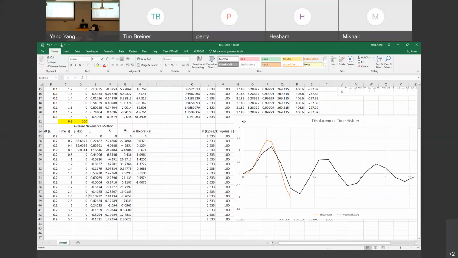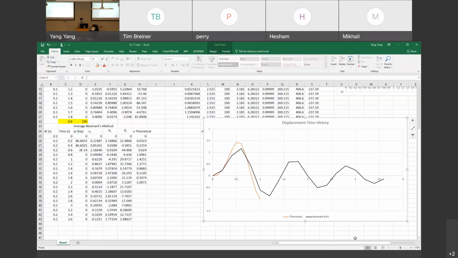We enlarge the time step. The errors are bigger, much bigger. So that's the numerical method.